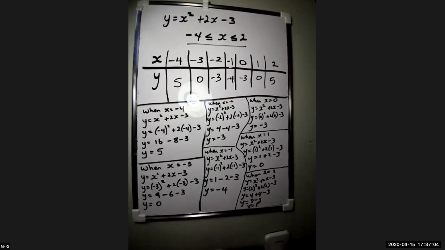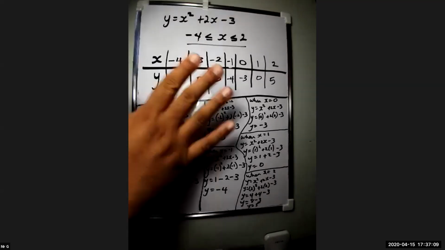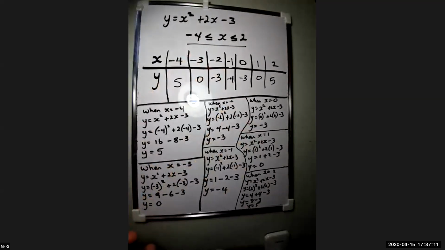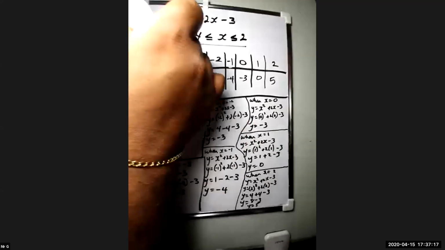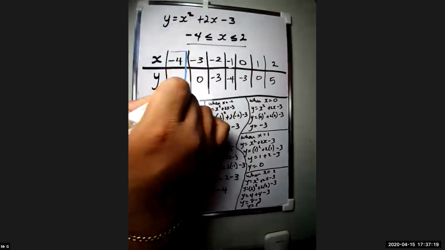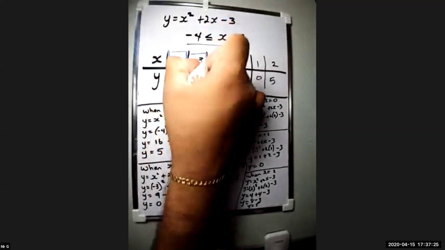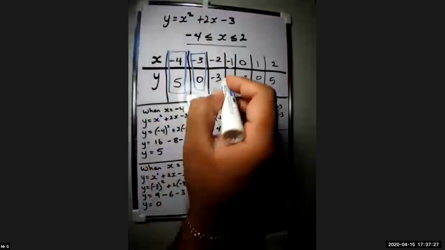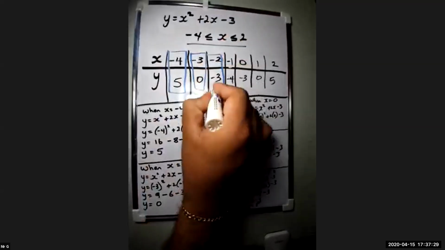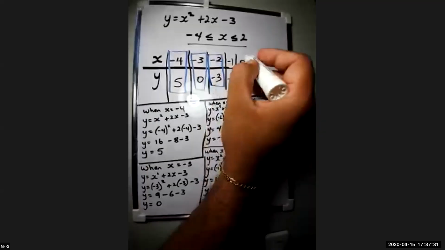Yes, sir. Okay. Now, this working is not done in great detail in the handout, but it's there on the handout, right? So these values here, the -4 and 5, they make up our coordinates. The first coordinate, -3 and 0. Second coordinate, -3, -2, -3.